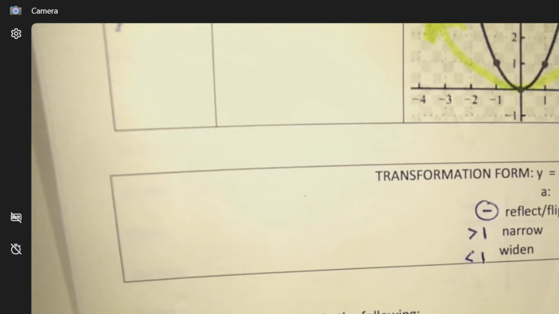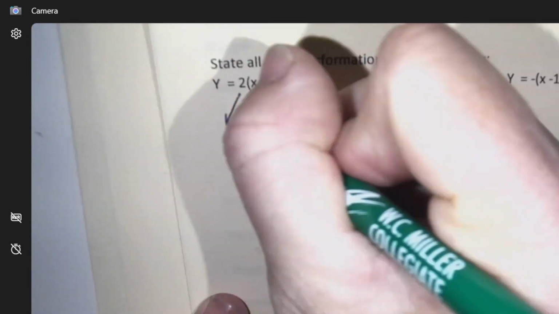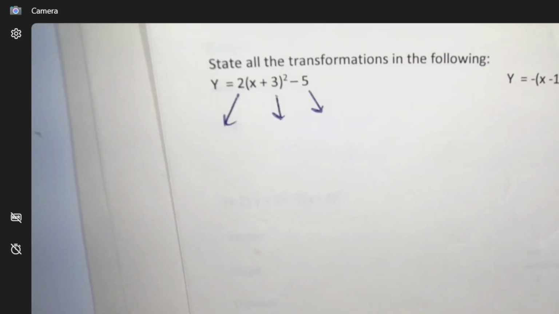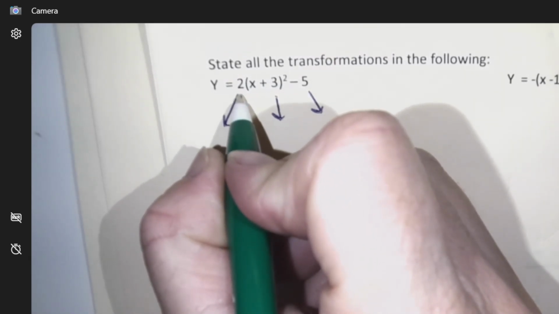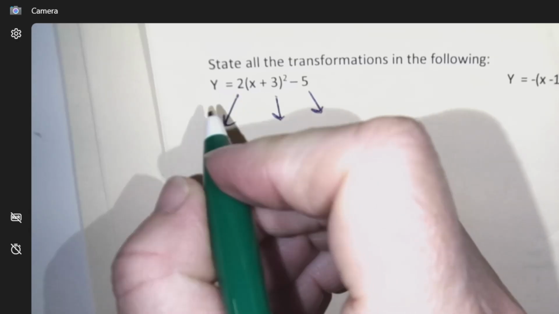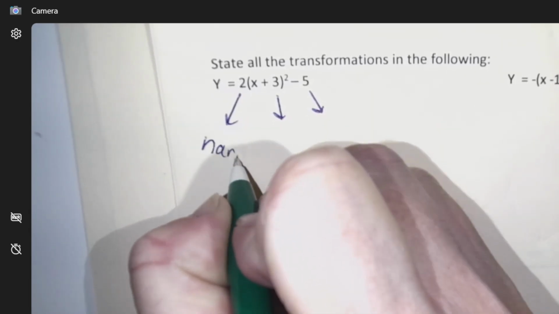Okay, here we go. What are all the things that happen? Two multiplier. So it's bigger than 1, so it will narrow.